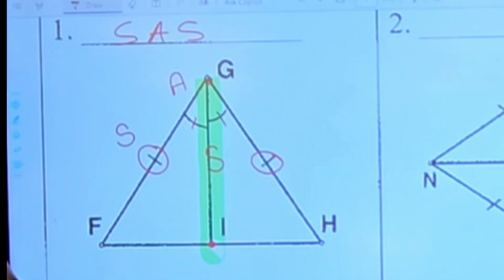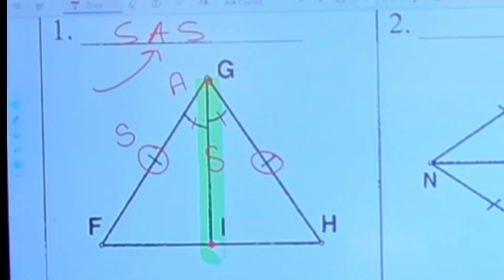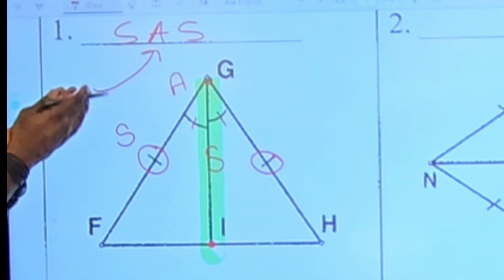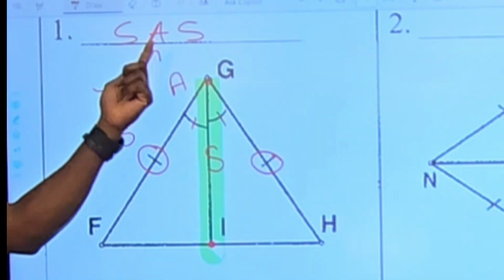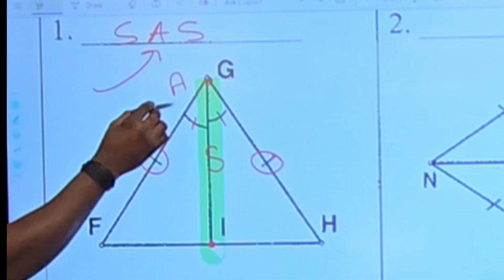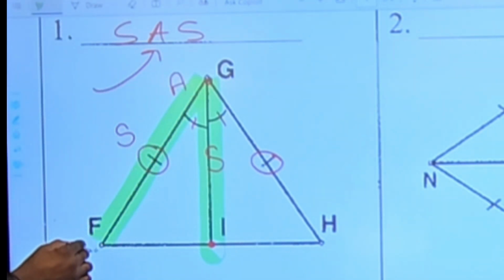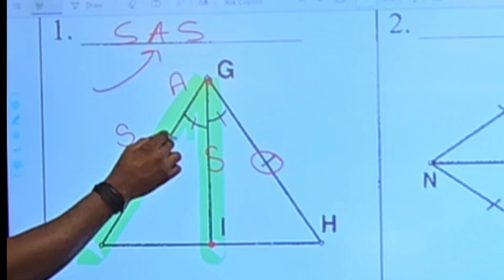I want us to take note of this very important thing here, that the angle in this is directly between, so it's like an inclusive angle. The angle is between the two sides that are congruent. So if we should just mark them off, take a look. The angle is between these two sides here.